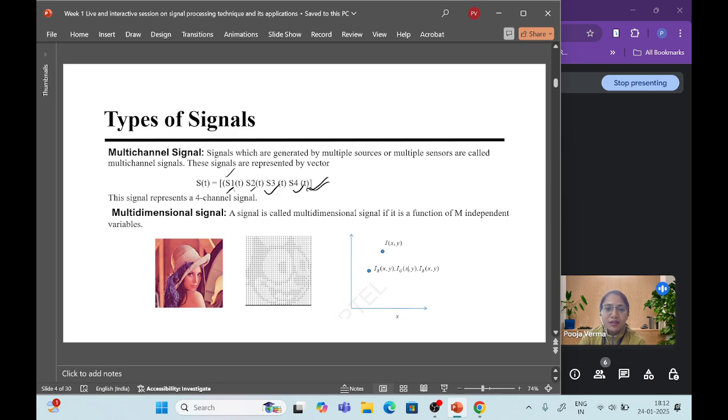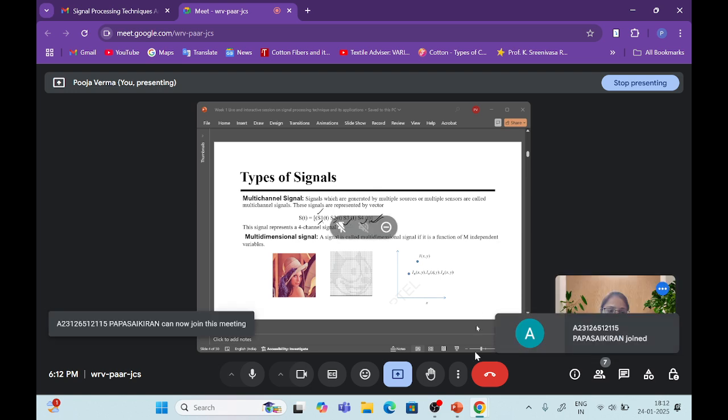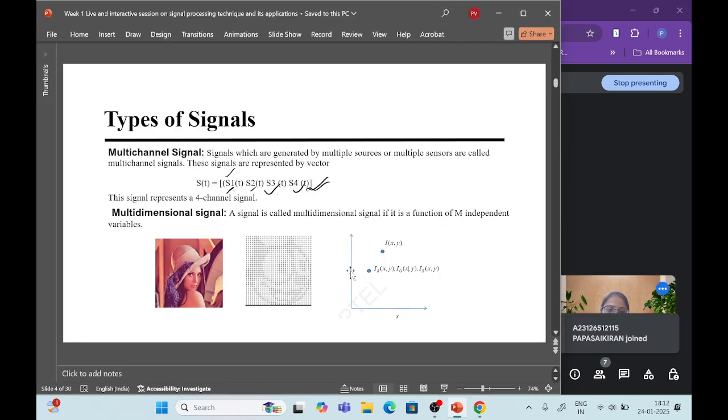This is called a multi-channel signal. And a multi-dimensional signal can have more than one dimension. Here for the multi-dimensional case, we have taken the example of an image. An image is a two-dimensional signal. I hope all of you already know that.